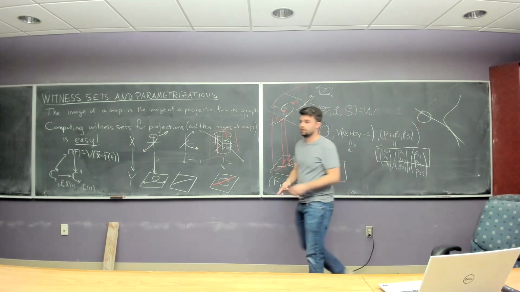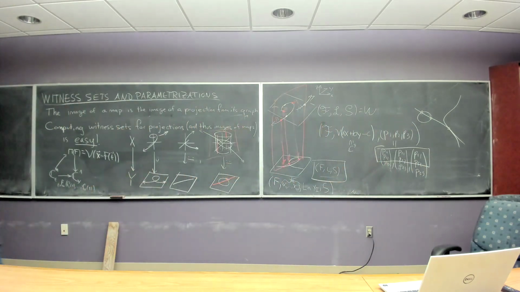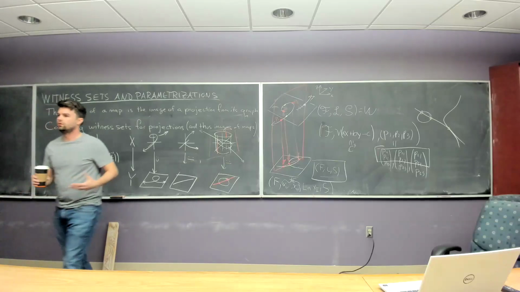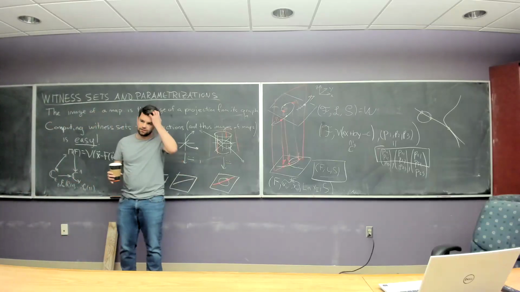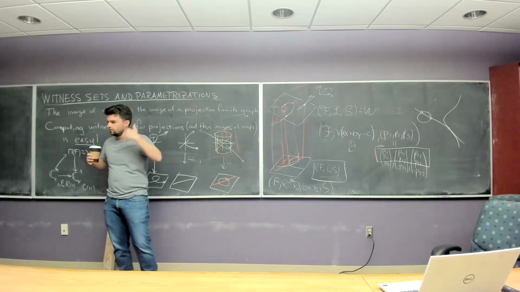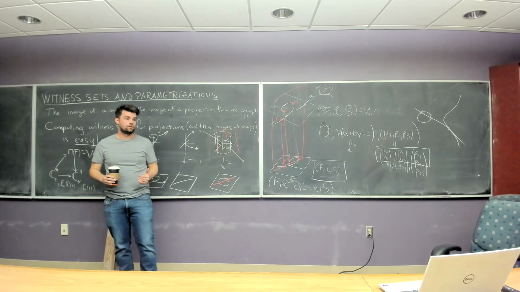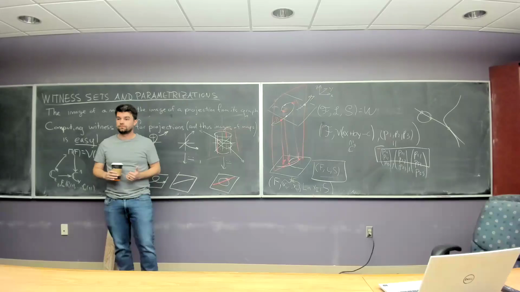And people have done this in the literature. But it's a red herring. It doesn't matter how you kind of encode this rigorously. From an abstract point of view, what you need are isolated points of a linear section and the ability to move them around. That's what a witness set really is.